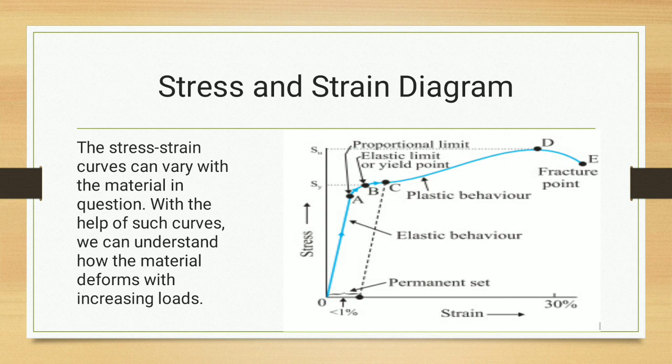O to A is the proportional limit, B is called the elastic limit or yield point, then B to C, then C to D and D to E. E is your fracture point. After point C, the material will show plastic behavior, and before that the material will show elastic behavior. So we are going to discuss this diagram in detail.